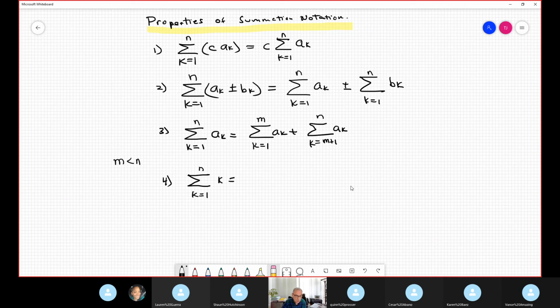Well, this is the summation of the first natural numbers: 1 plus 2 plus 3 plus, and so on, the last one is n. And the formula is n multiplied by n plus 1, divided by 2. Wow, amazing.